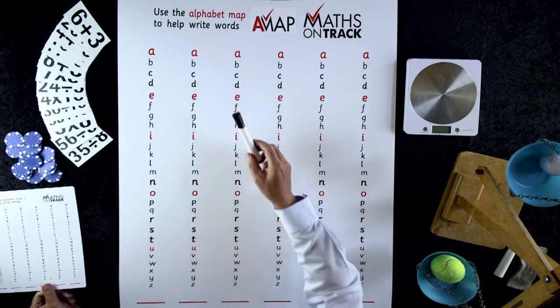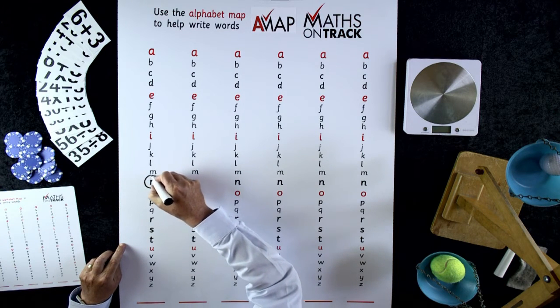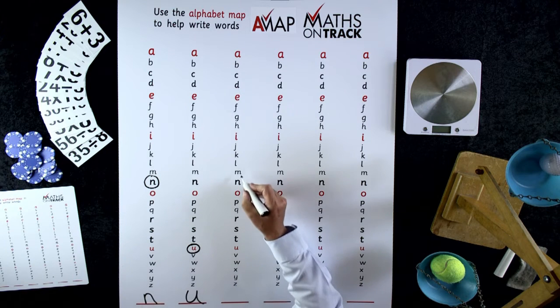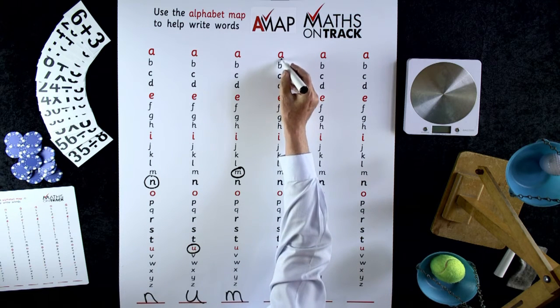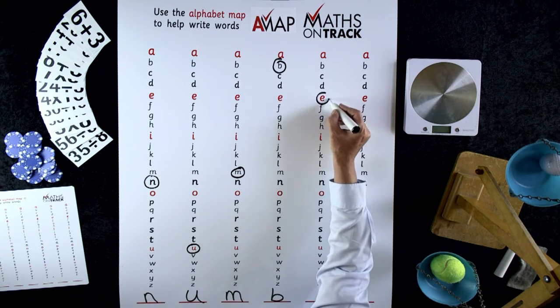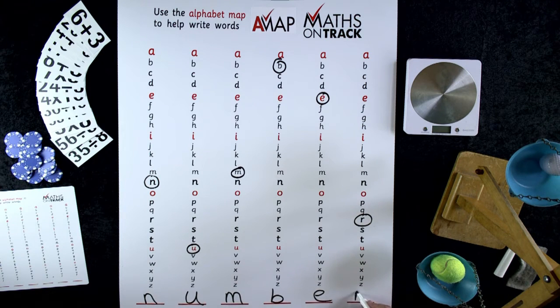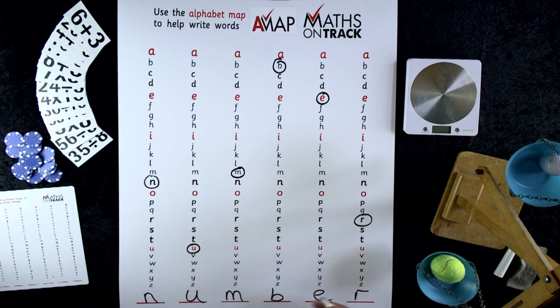Well, the mapping techniques that we can use with the numeracy map for addition, subtraction, multiply and divide are equally valid for what I've called the alphabet map. For instance, n, u, m, b, e, r. Number. We found that children quite like the alphabet as a vehicle to map, to write simple words.